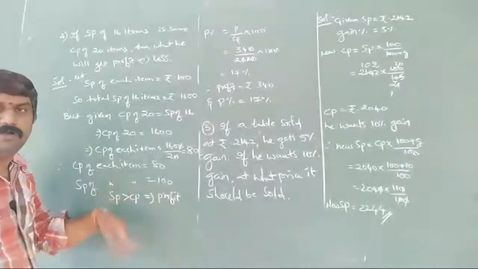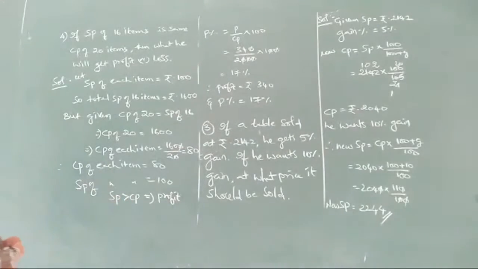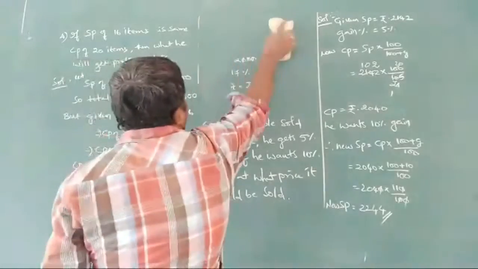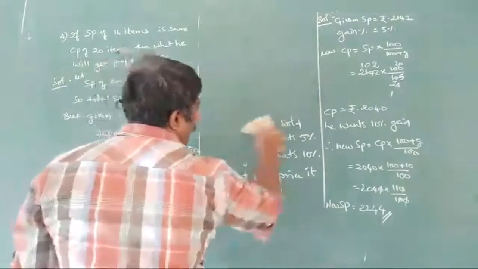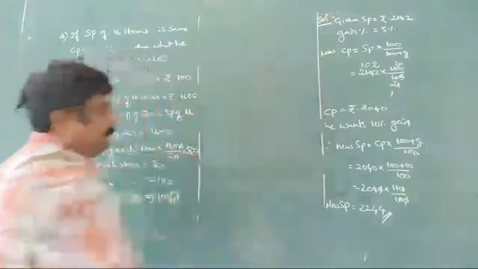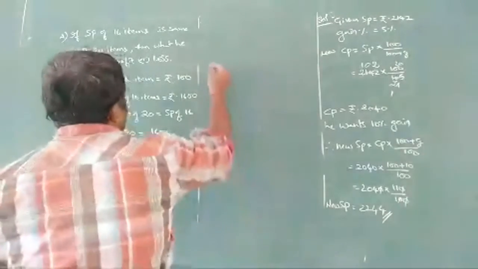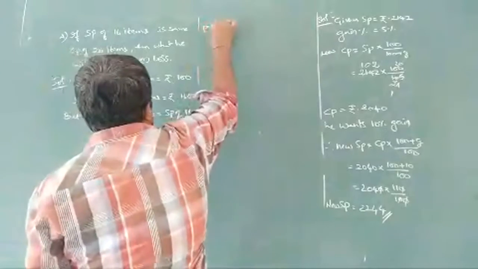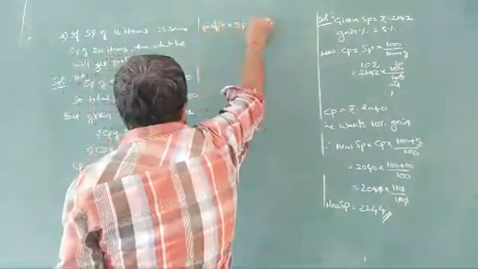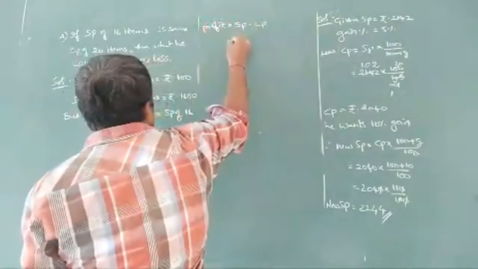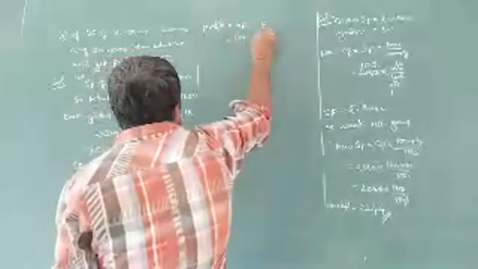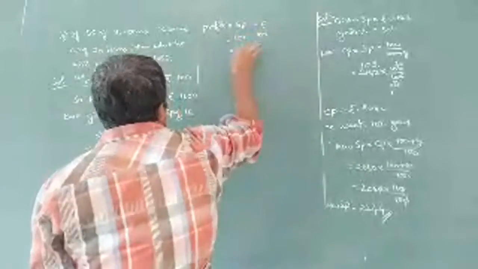Now let's check by what percentage also. Profit is equal to SP minus CP. What is SP? 100 minus CP is 80, so 20.